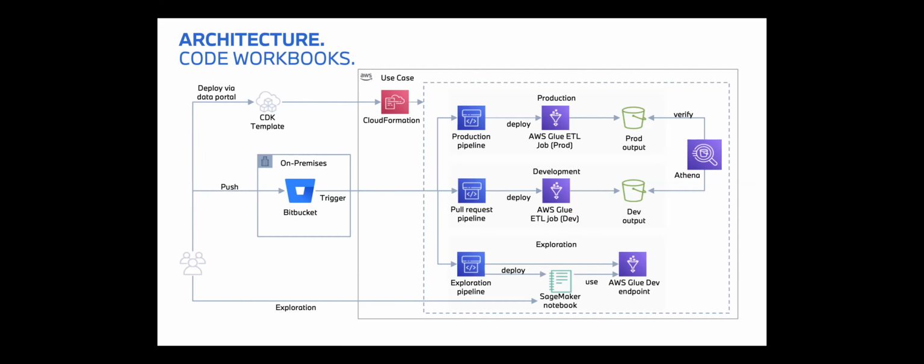For one, we have the exploration pipeline, which is shown here at the bottom, where you can interactively create the transformation code in a SageMaker notebook and test it out via the Glue development endpoint. Then we have the development pipeline, which is shown here in the middle, where you can test the code on a dev instance, on a development bucket, and transform your code on pull requests.